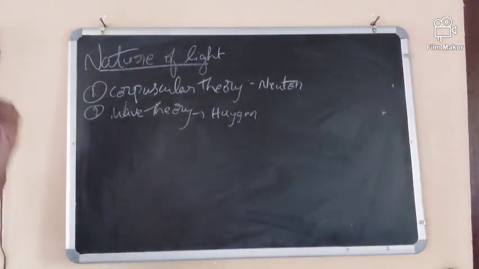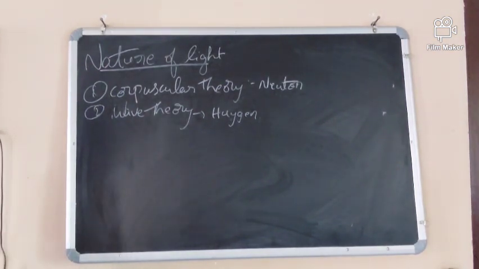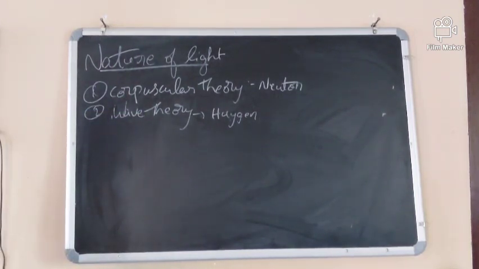Next there is the electromagnetic theory, which is very important and which is true about light. These two theories are not completely 100% correct. First of all, let us discuss the corpuscular theory, which was explained by Newton.